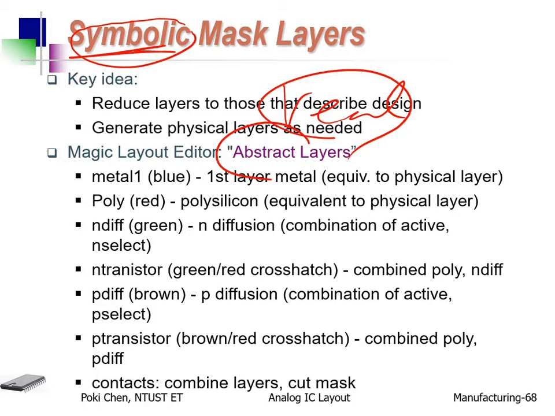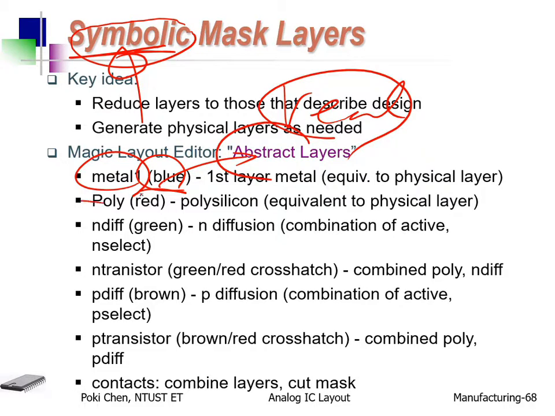They are exactly the same. How can you differentiate them during layout? No way, right? Anyway, you can see metal one is blue. Oh, is it blue? Copper metal one? No, sorry for that. This is only some kind of abstraction, some kind of symbolic. That's it. So you can easily differentiate this from that.